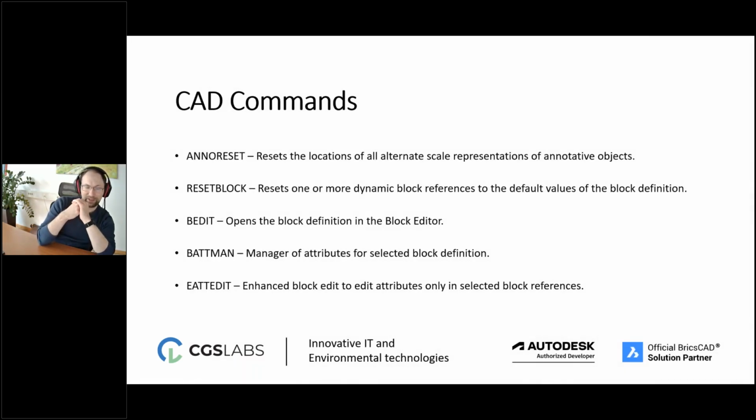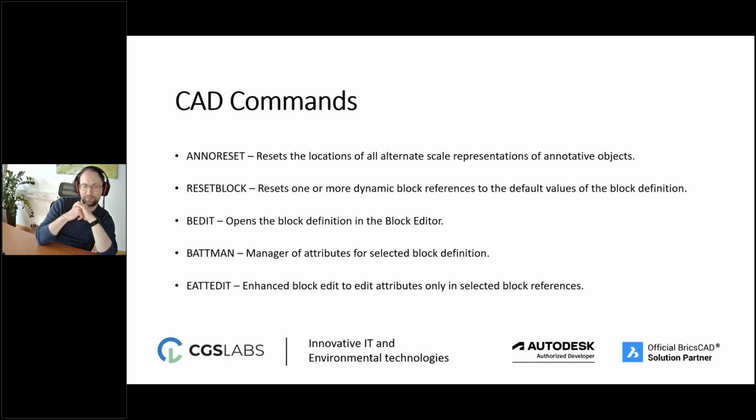So now that we have blocks prepared, labels prepared as blocks, we actually can use CAD commands to change them, to edit them, and these are just a few of the most used commands for editing.